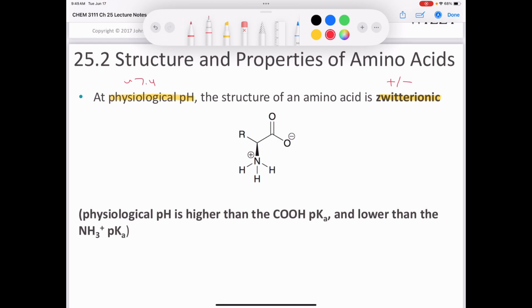And since amino acids are zwitterions, which are net neutral compounds but exhibit charge separation of the positive and negative charge, an amino acid can be thought of as an internal salt. You have the cation and the anion, and it exhibits a lot of the same physical properties as salts. For example, amino acids are very soluble in water, and they have high melting points, just like inorganic salts.